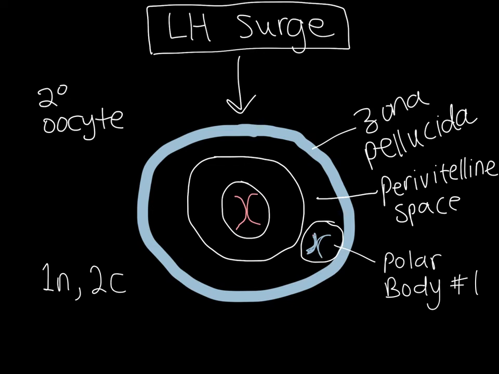Now this is going to experience meiosis again. So it's going to go into meiosis 2. And at meiosis 2, this secondary oocyte, the result will be an ootid. However, it's going to enter a second meiotic arrest at metaphase 2.